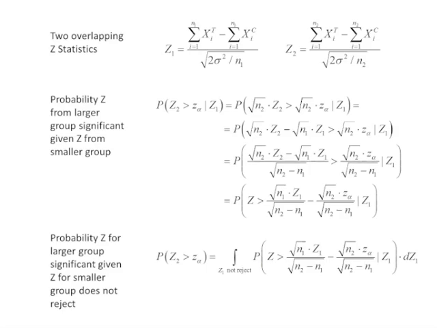in the middle portion of the slide. And the probability that Z2 is greater than Z alpha is then just the integral of this probability with respect to Z1, which we have in the last line of the slide. We can see now that all that's required for these calculations to hold is the definition of the two overlapping groups of subjects.